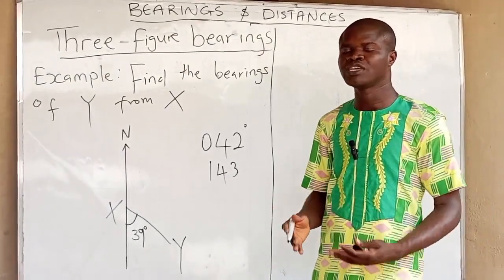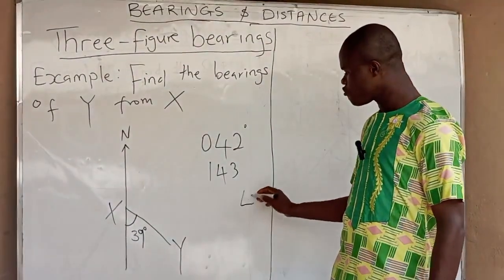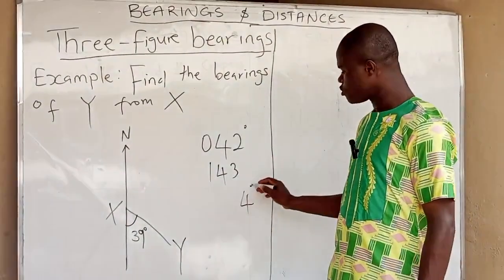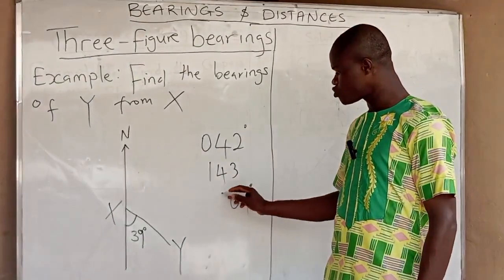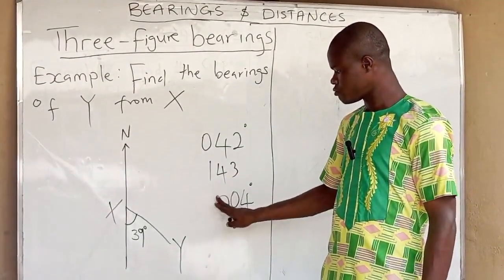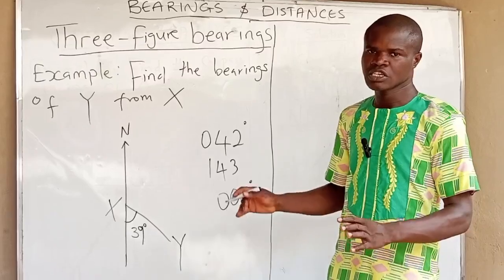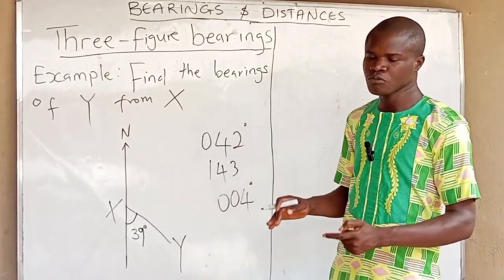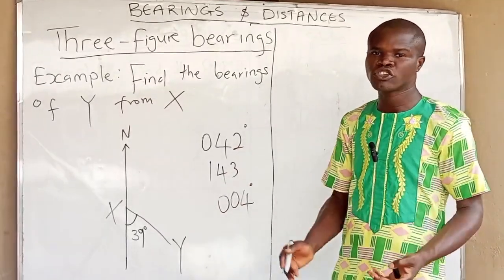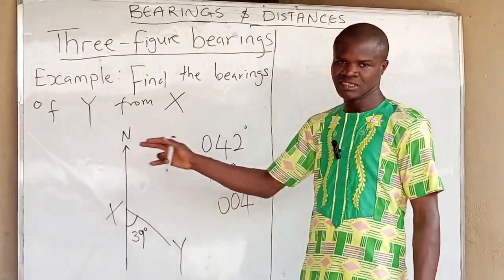Only when you have a 2-digit or a 1-digit. If you have 4 degrees as your answer, all you need to do is to put 2 zeros behind it. So this is 004 degrees. Your answers are left as 3 figures in 3-figure bearings. Remember, all measurement must be taken from the north in a clockwise direction.